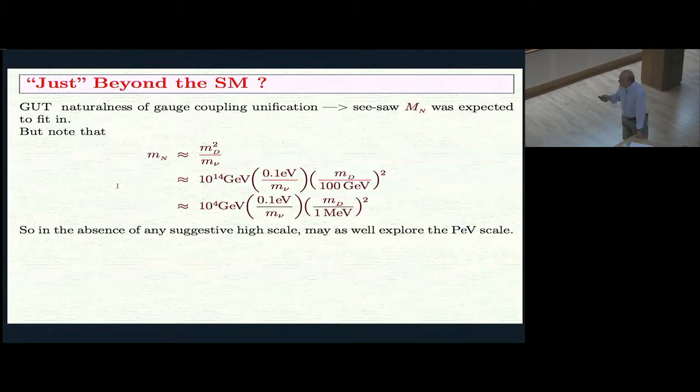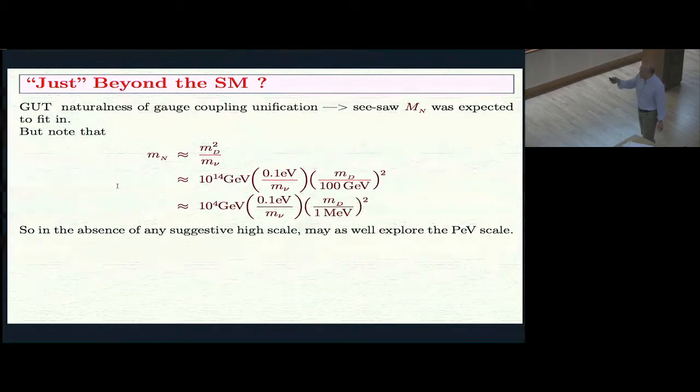But we have no idea what the Dirac mass should be for the neutrinos, because in the charged lepton sector, it ranges all over from MeV to GeV. So if you put MeV scale instead of 100 GeV, then of course you bring down the heavy neutrino mass scale to whatever you like, fairly close to the electroweak scale.